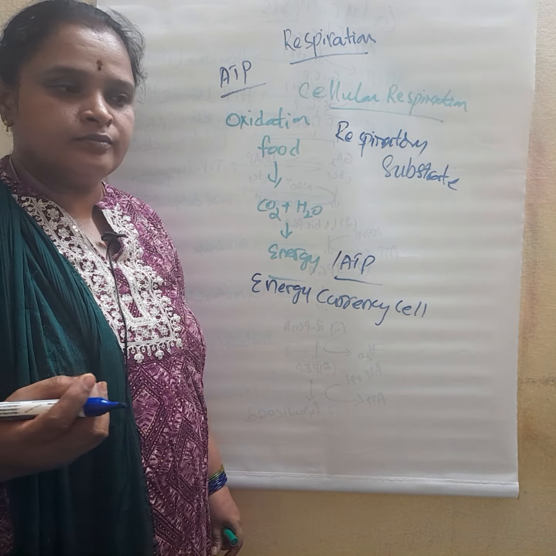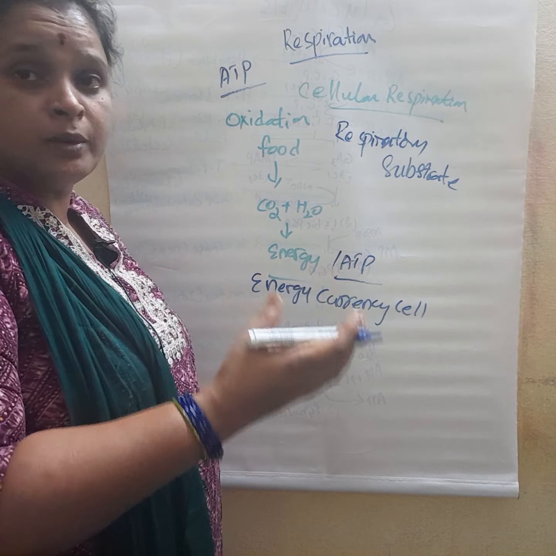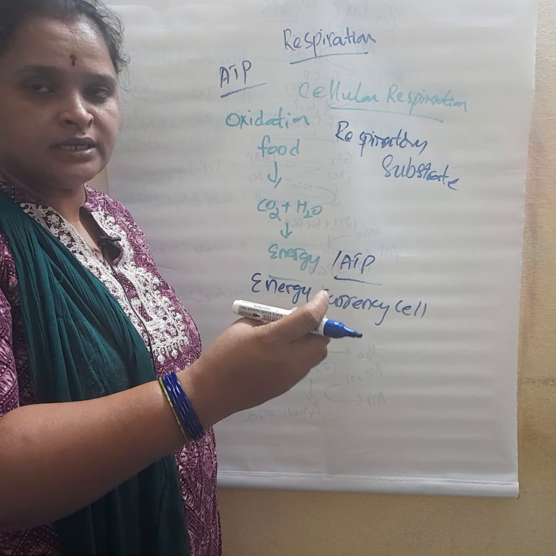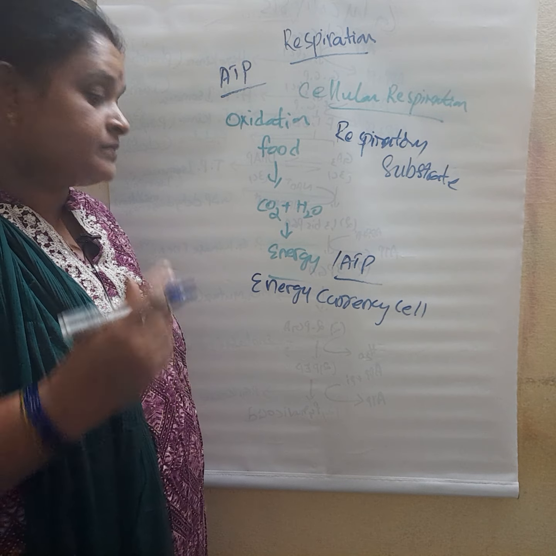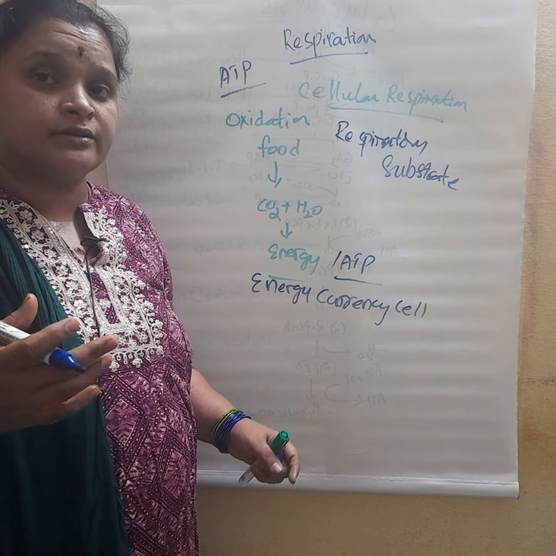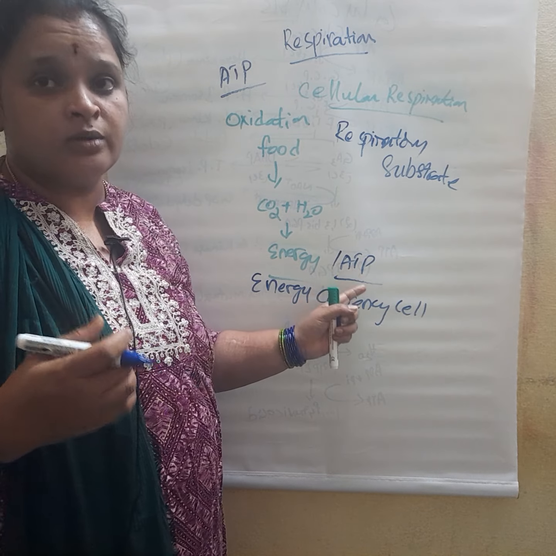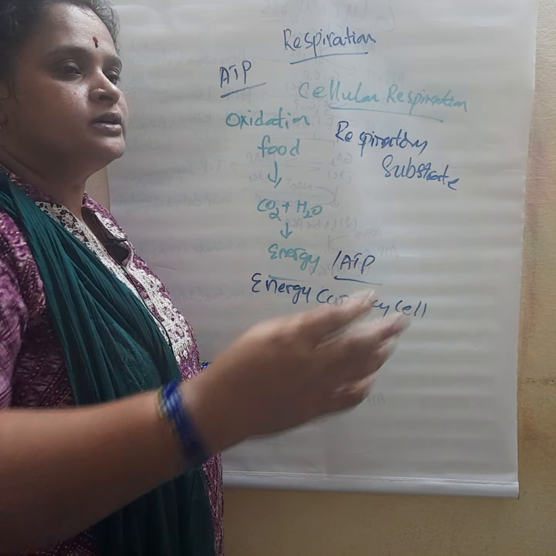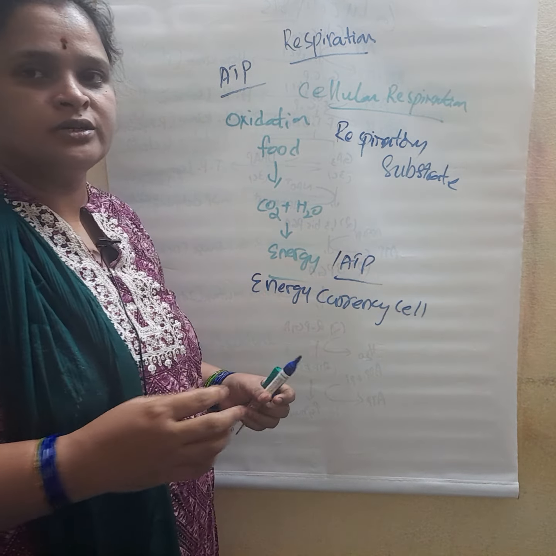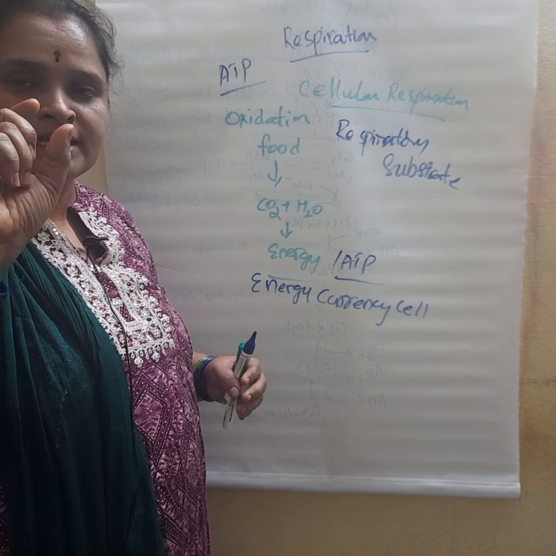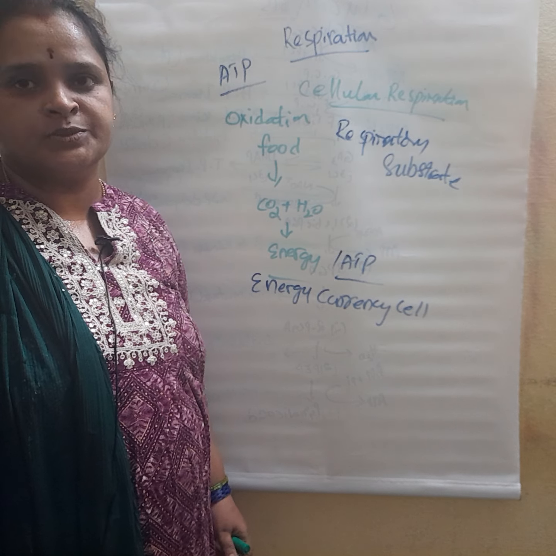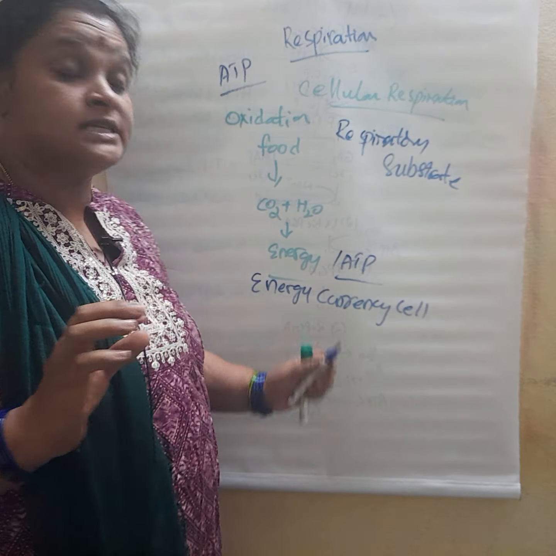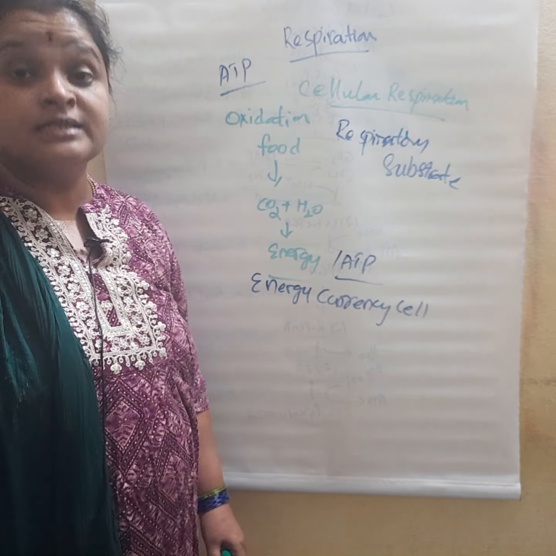Whenever we need to buy something, we use currency, right? Like that, in the body of an organism, whenever energy is required, this much ATP is utilized, that much ATP is utilized. The energy is in the form of a currency called ATP, adenosine triphosphate, the energy currency of the cell.